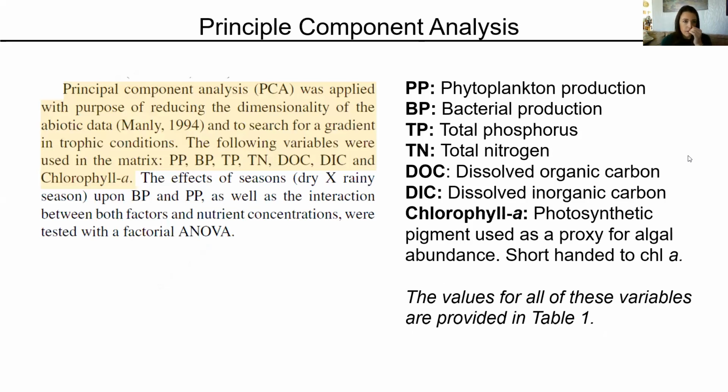So the first part of the results: principal component analysis was applied with the purpose of reducing the dimensionality. They have lots of different variables and abiotic data, and it searched for gradients in trophic concentration.